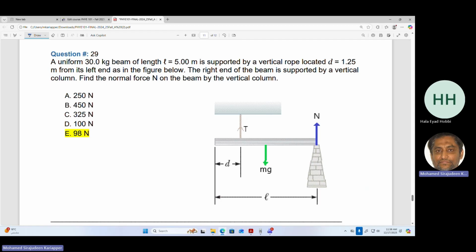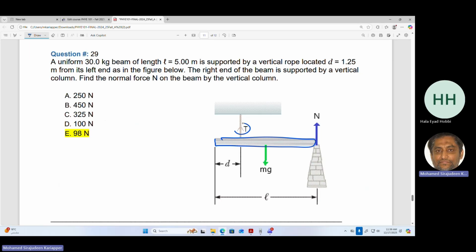All right. So here we have a beam. I don't need to draw it again, it is already there. So see, this is the beam. There are many forces acting on it.